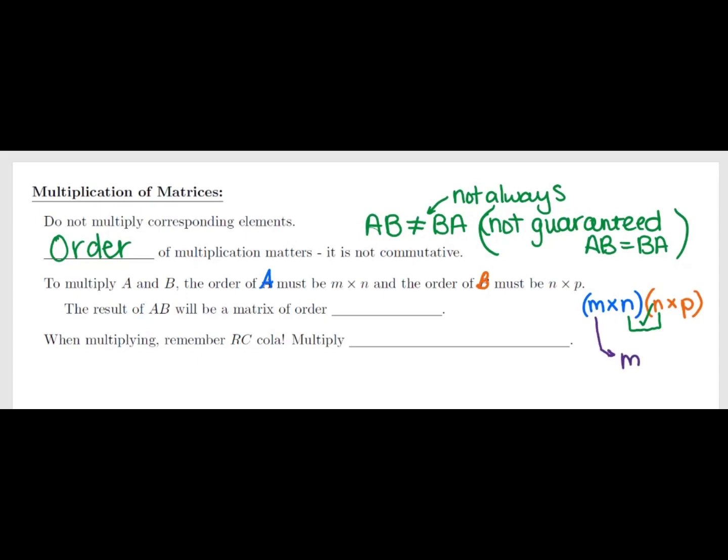What's left on the outside is going to be the dimension of our product, the dimension of our answer, which is the result of AB. It winds up being m times p, or m by p. And remember, RC cola, rows by columns.